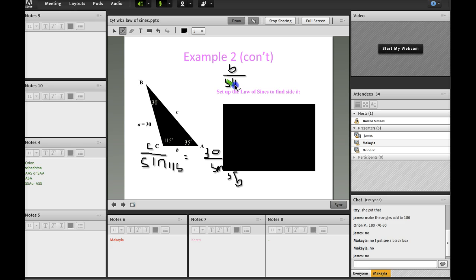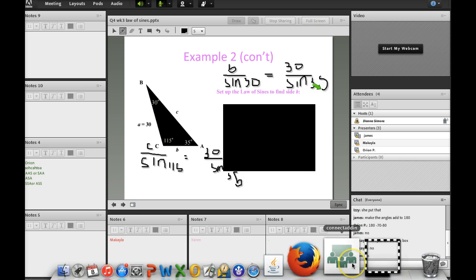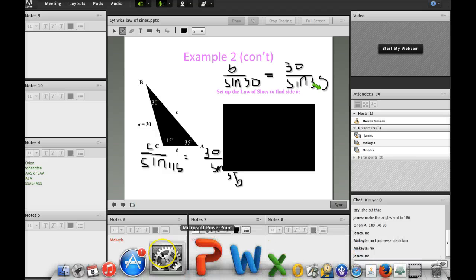And that's equal to, so let's just say 30, because I can keep my A. I could use any one though, right? Yeah. Okay. Sine of 35.